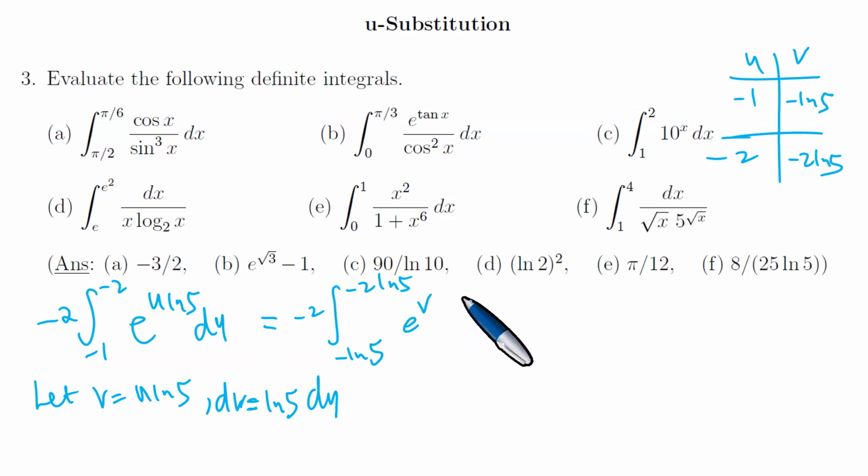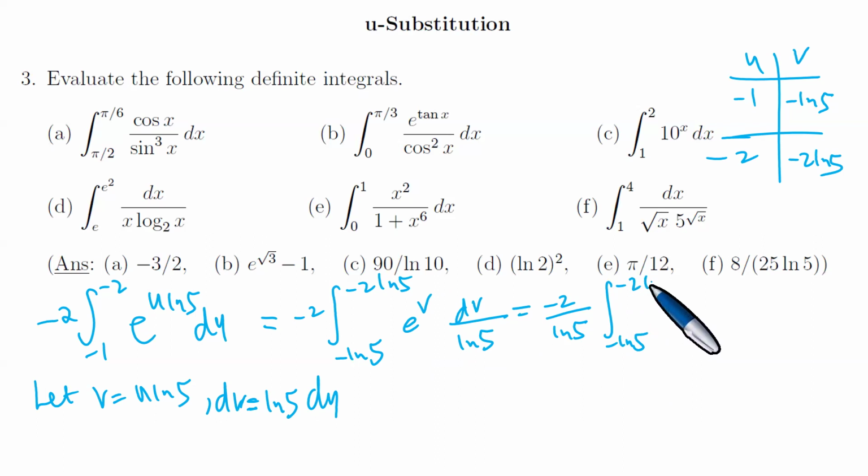What is du? It's dv divided by ln 5. So the limits are minus ln 5 to minus 2 ln 5, of e to the v dv. Let's check what we have here.